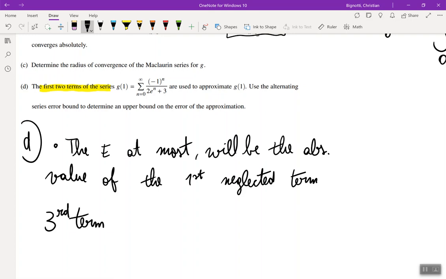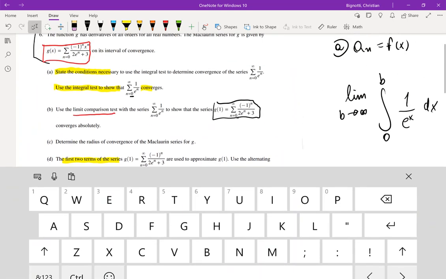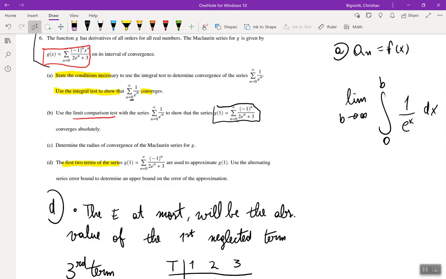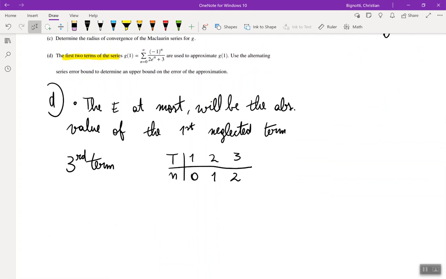To remember, the first, the second, and the third are the terms. The n values start at 0, so 0, 1, 2. We have the general equation for it, so we just have to put in n equals 2 to find our third term.